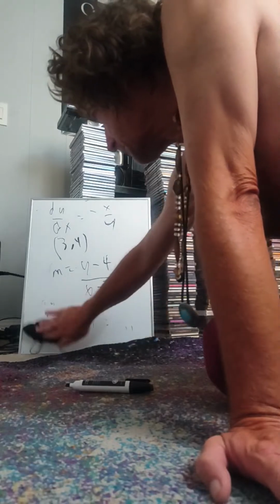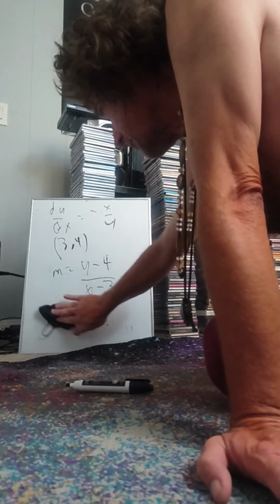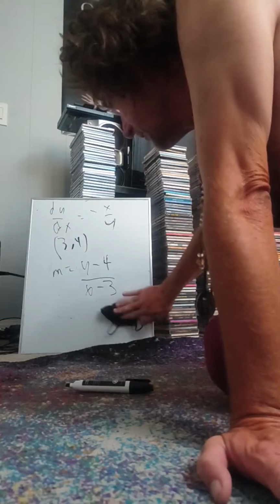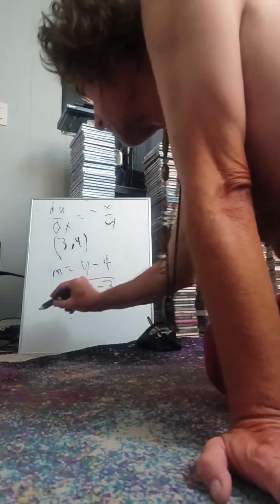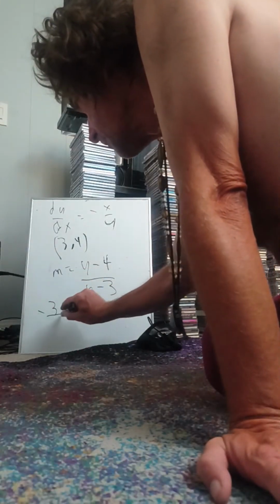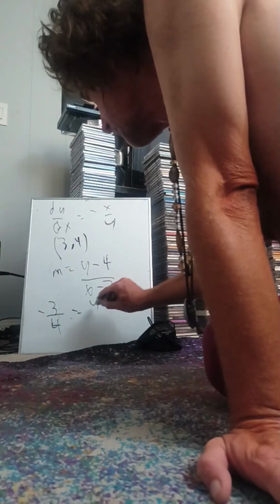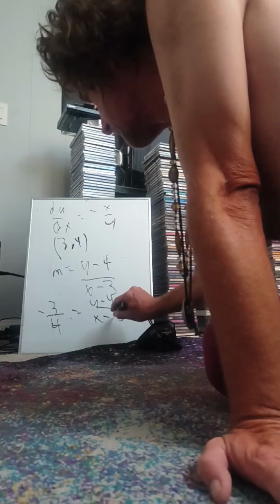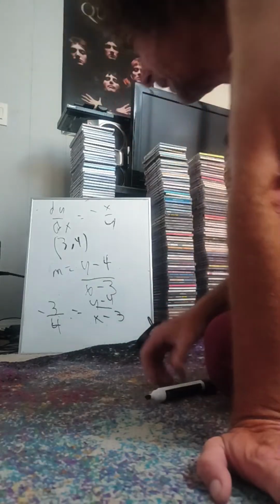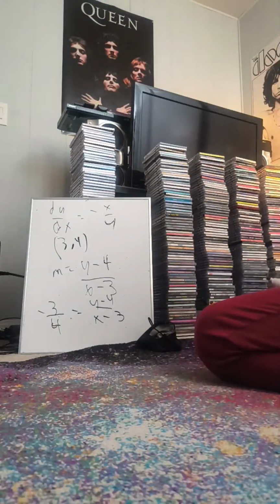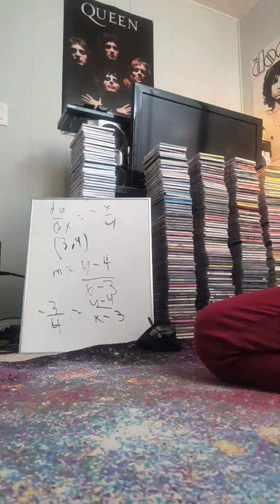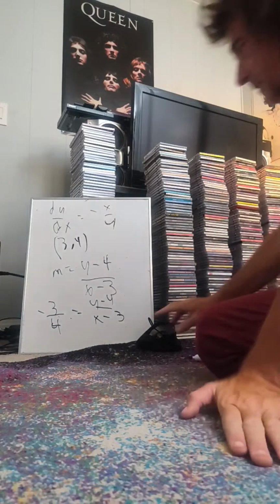Don't forget that number for the rest of your life, lol. Negative 3 over 4 equals y minus 4 over x minus 3. Solve that, and you have the equation of the tangent line to the relation x squared plus y squared equals 25 at the point 3, 4.